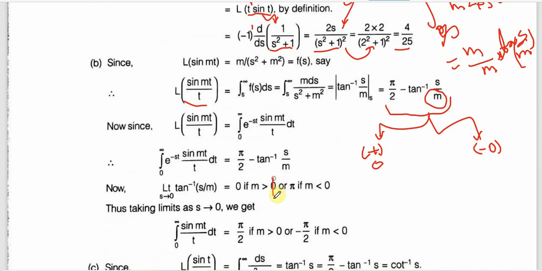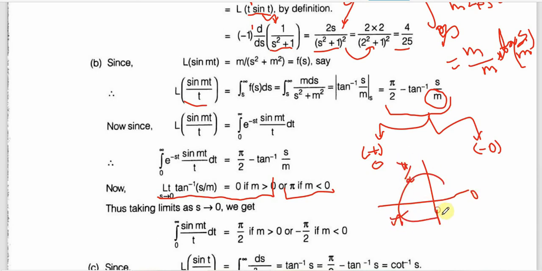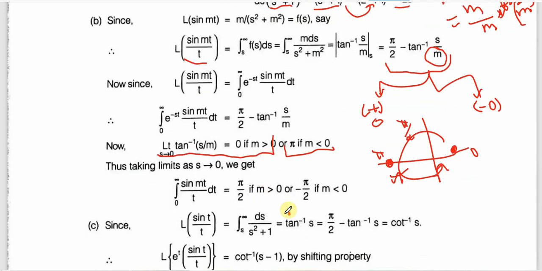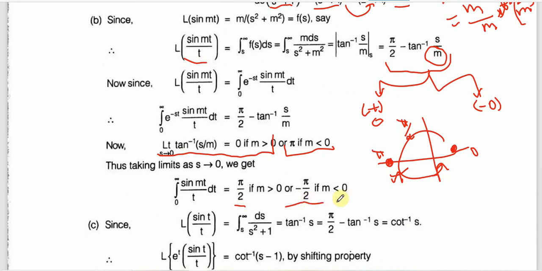If m is positive, then it will be 0, and if m is negative, then it will be pi, because you know 0, pi by 2, pi, this is the whole 360 degrees. So if we put pi, it will be pi minus pi by 2. Two answers will be there.